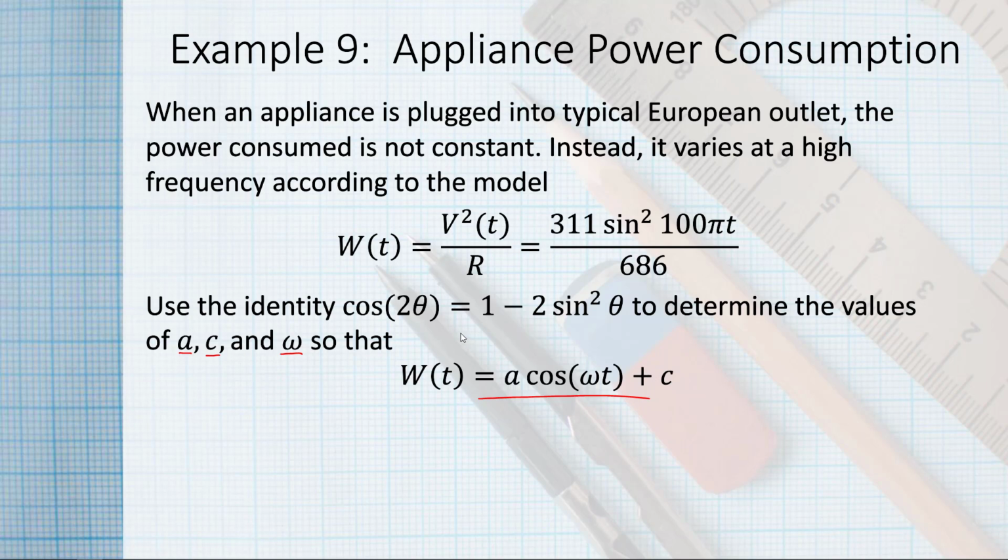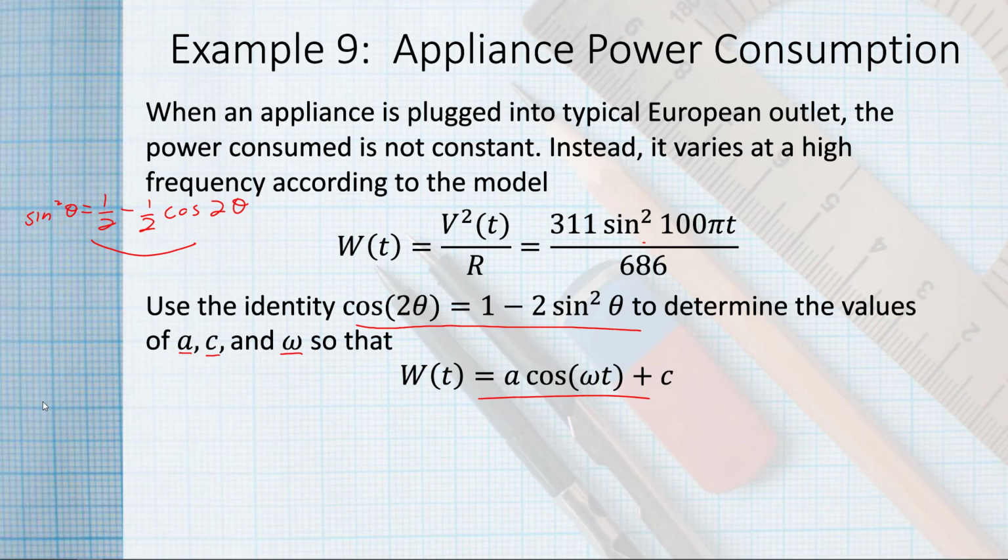The first thing that we're going to need to do is to rearrange this identity so that it is in terms of sine squared theta, and if we do, we will have that sine squared theta is equal to 1/2 minus 1/2 cosine 2 theta. And then what we want to do is substitute this value into sine squared theta.